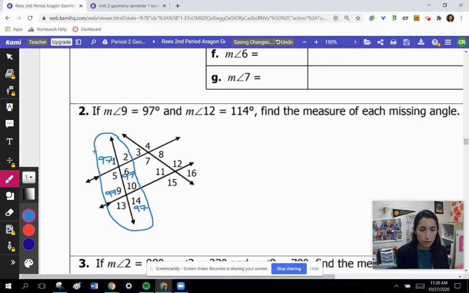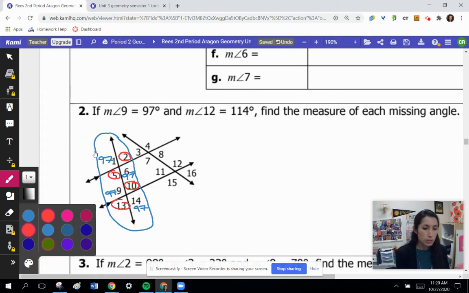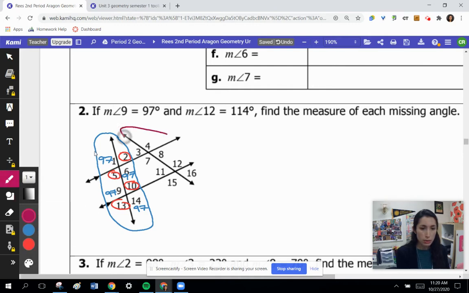And then in order to figure out the other missing angles here, so we've got 2, 5, 10, and 13, you would need to subtract 97 from 180. Okay? You're going to solve the rest of the angles in a similar way. We've got all of these angles here related by the same transversal.